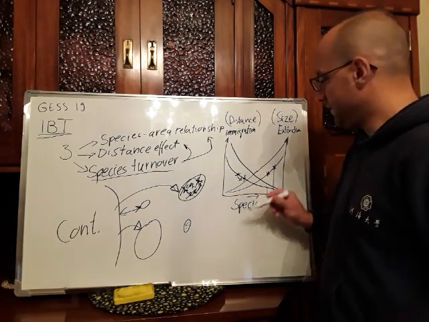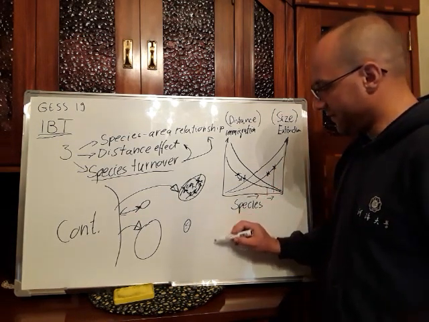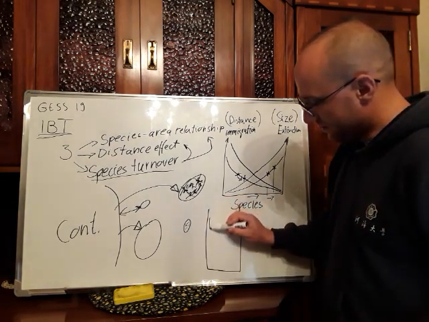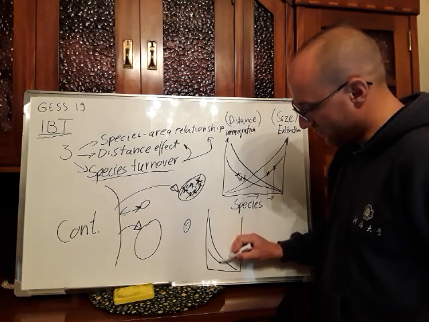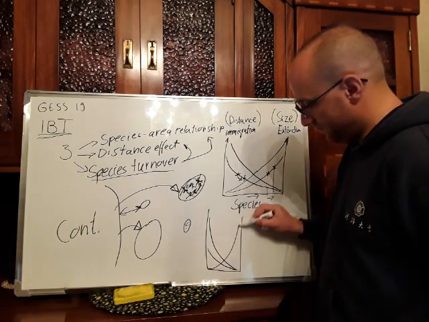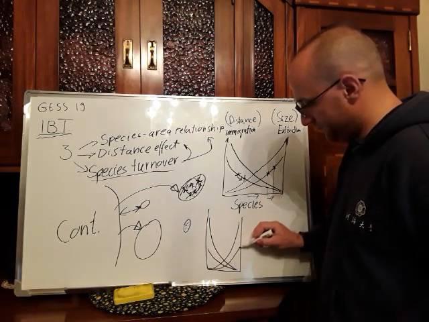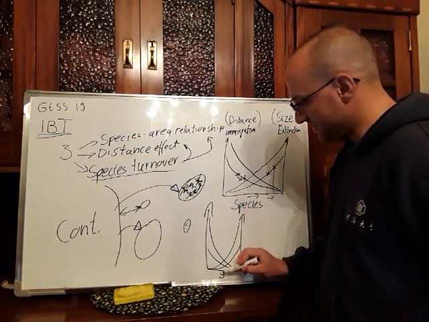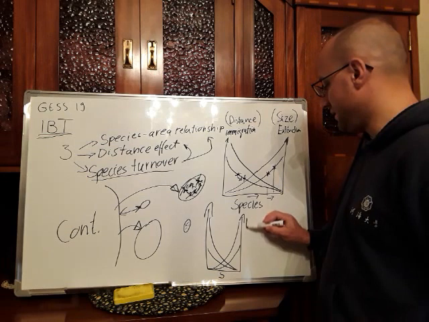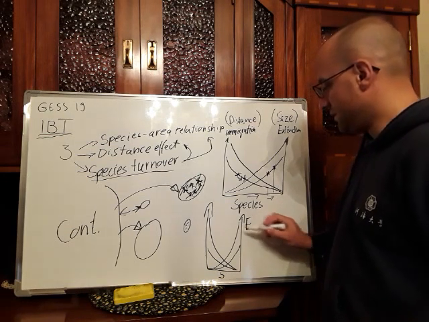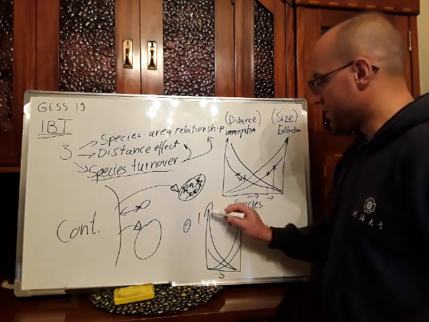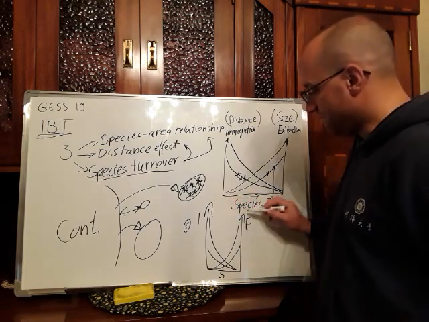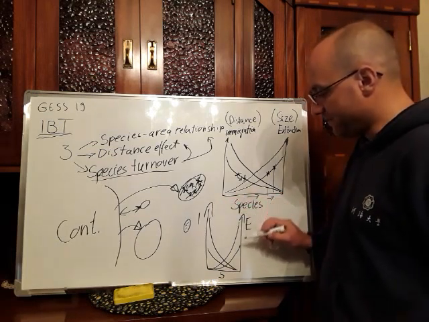Then, if I want to simplify this again, draw this, so simple. This is species number, this is the extinction, this is the immigration. Again, this is driven by distance, that one is driven by the size.